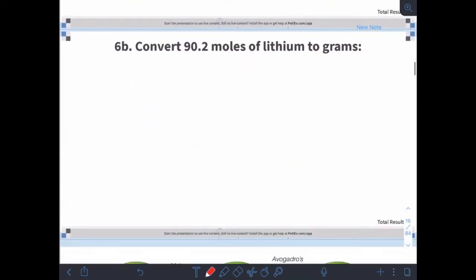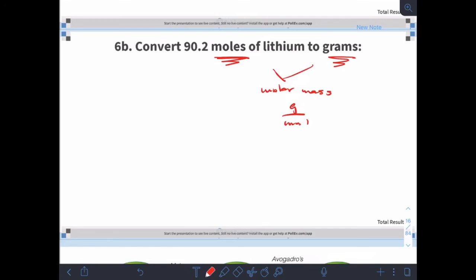All right, let's look at our next problem. So let's convert moles of lithium to grams. And so dissecting the words a little bit, what do we have in the problem? We have moles, and then we have grams. That tells us that we're going to use molar mass. Right, because the units of molar mass are grams and moles.